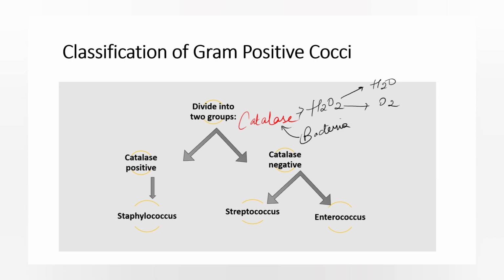This oxygen will create bubbles. This test is done in vitro to identify catalase positive organisms. So catalase positive organisms are Staphylococcus. However, catalase negative organisms are Streptococcus and Enterococcus species.